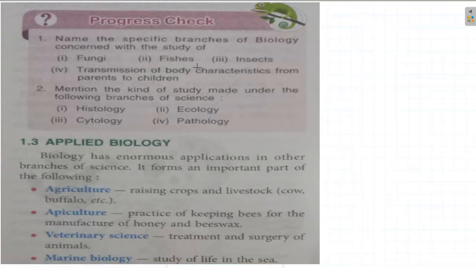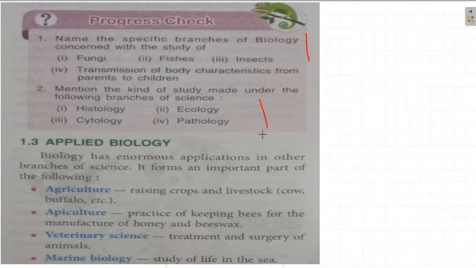Now name the specific branches of biology concerned with the study of this. We have already done, you can do yourself. Mention the kind of study, this have also done earlier, right.